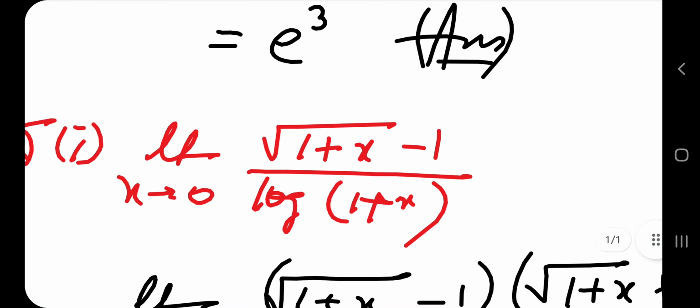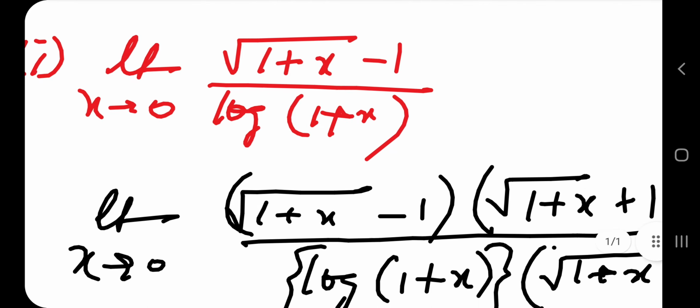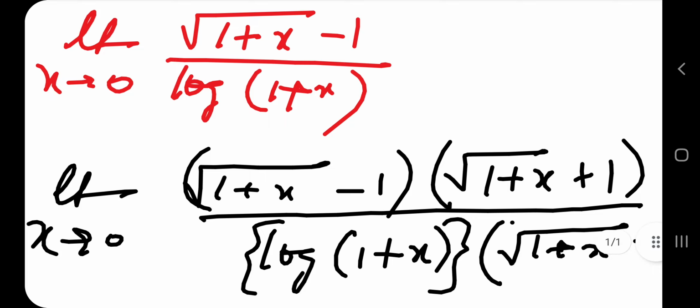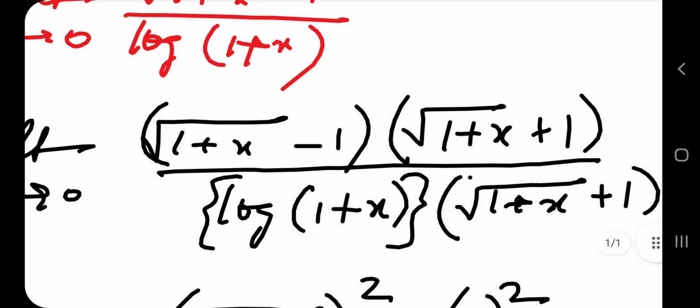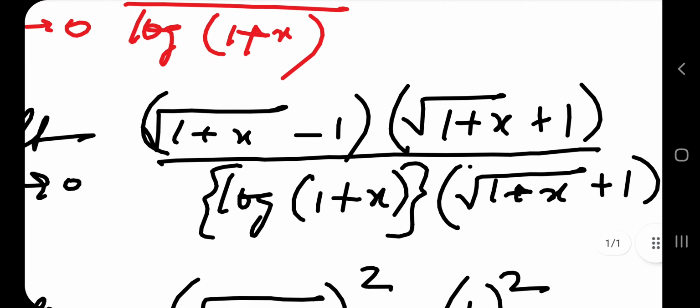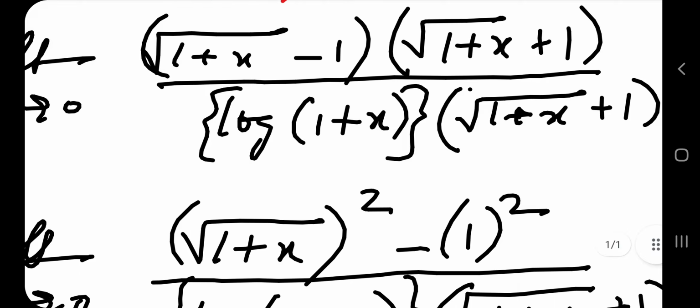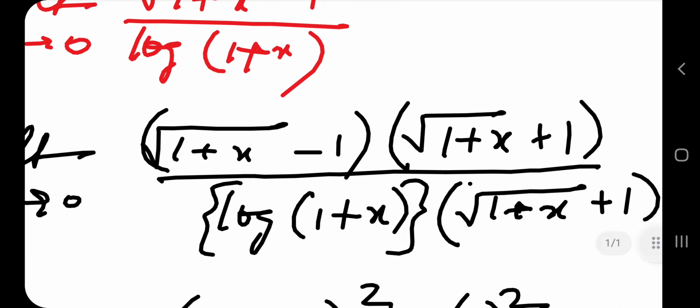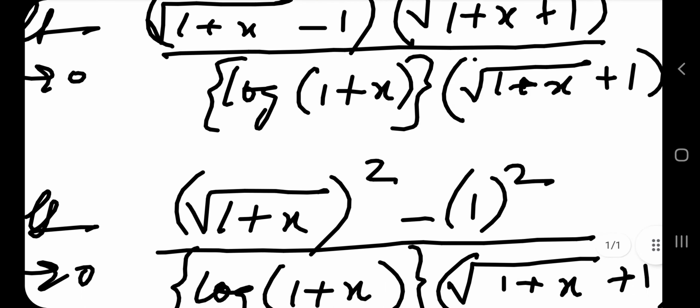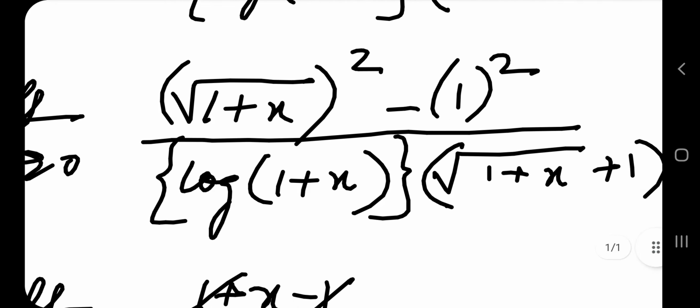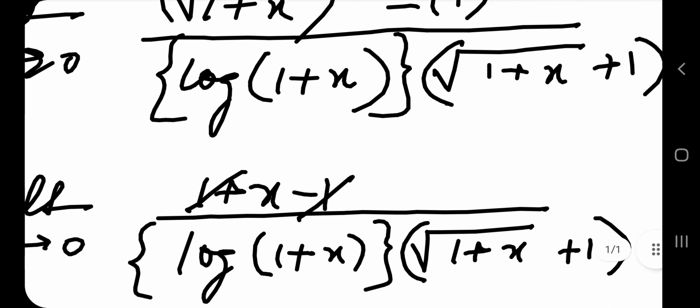Next sum is limit. Now the root, the irrational part, is on the numerator. So rationalize the numerator. So on rationalizing, we'll get this. And the above one is a minus b, a plus b. We'll get a square minus b square form. So it becomes x.